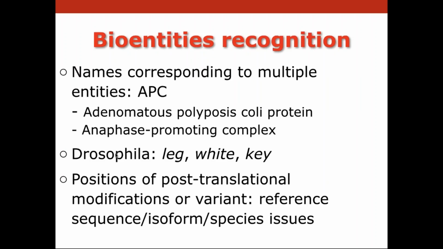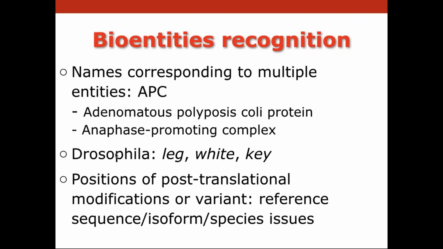There are some examples of bioentity recognition issues. So maybe some of you are familiar with APC, which represents either a protein involved in colon cancer or the anaphase promoting complex. People familiar with that literature would immediately know that these are different kinds of papers, but it's not trivial for everybody to recognize.